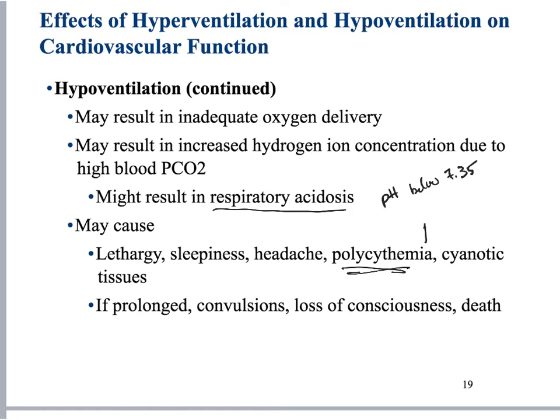Polycythemia is an increase in red blood cells. This is kind of abnormal, the body trying to make more red blood cells to deliver more oxygen to the tissues. It could cause loss of consciousness and death if prolonged.